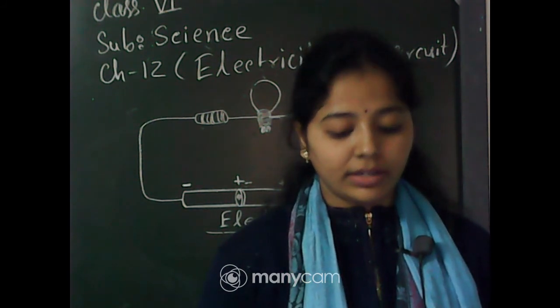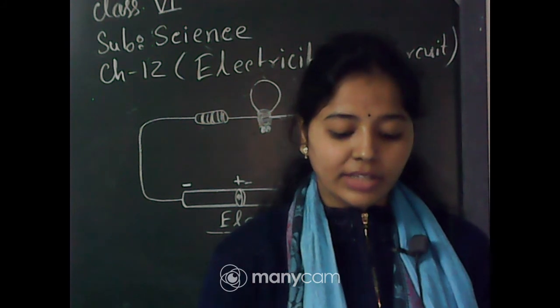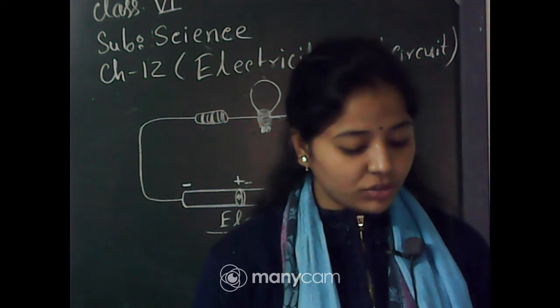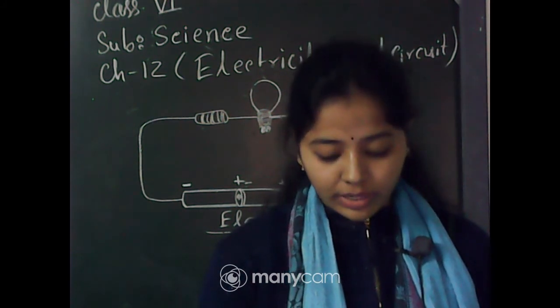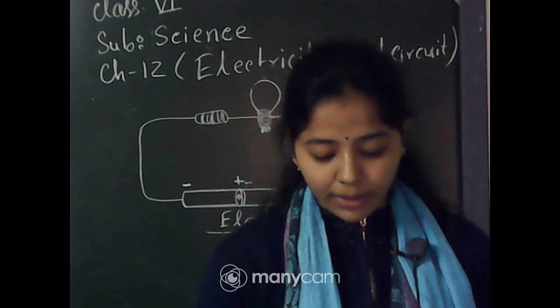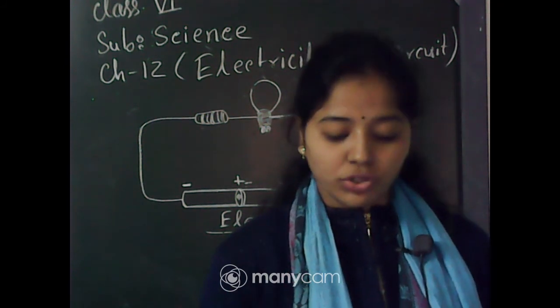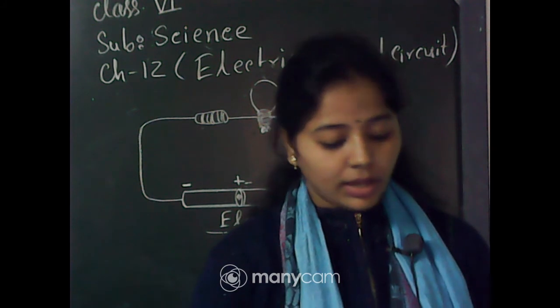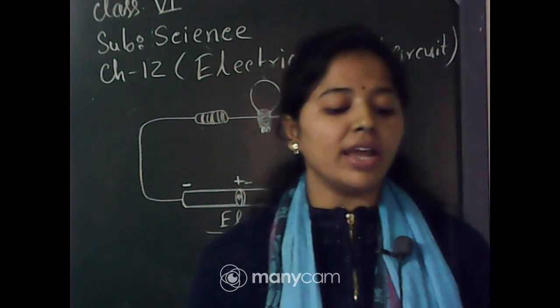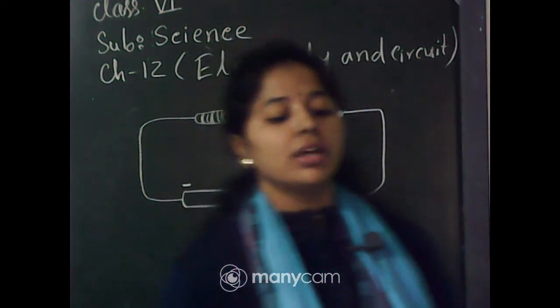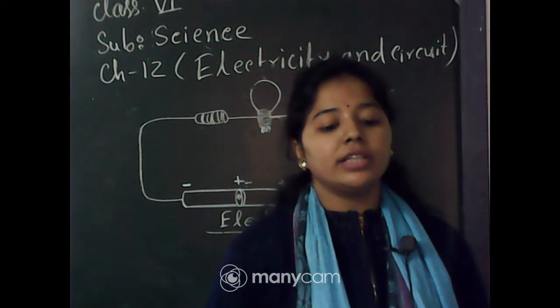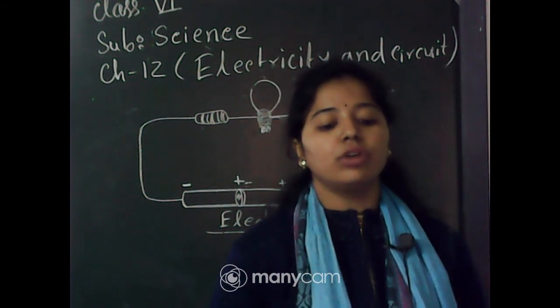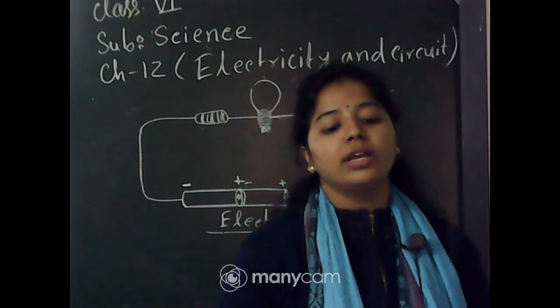So you have read this chapter. In the next online class, I will just finish this chapter with the subtopic inside view of torch and conductor, insulator. You know, I have already discussed what are conductors: which conduct electricity, they are called conductors, and which do not conduct electricity, they are called insulators.